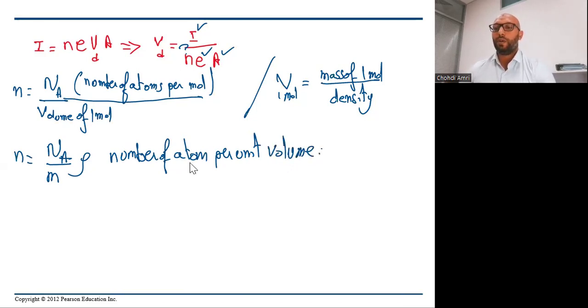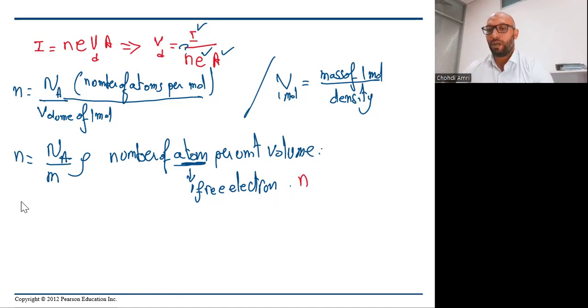However, each atom contributes 1 free electron. So we can say that the number of atoms per unit volume is equal to the number of electrons per unit volume.